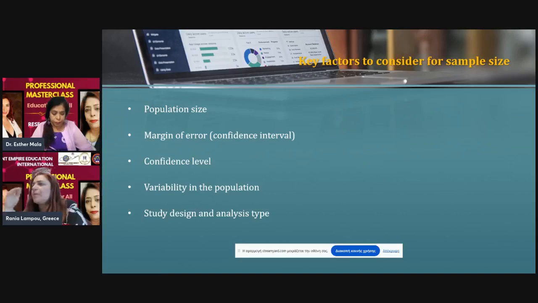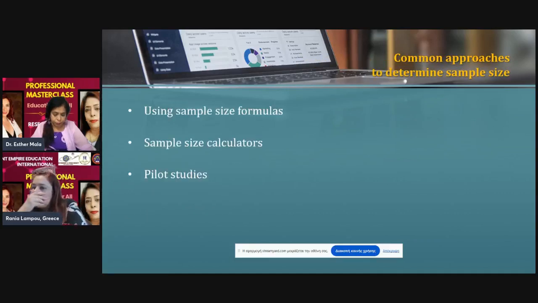If the population is very diverse or responses vary widely, then you need a larger sample to capture this variation accurately, so variability in the population. And study design and analysis types, such as complex analysis or subgroup comparisons, usually require bigger samples. So what is the common approach to define sample size?